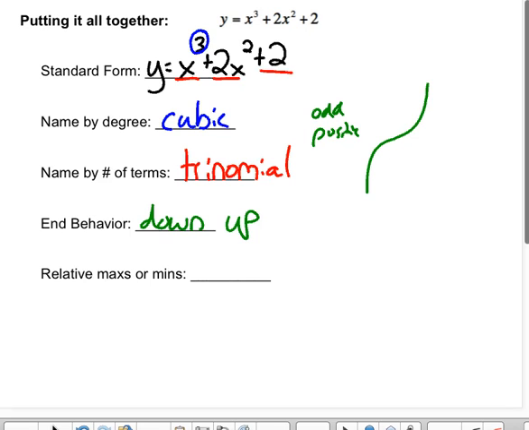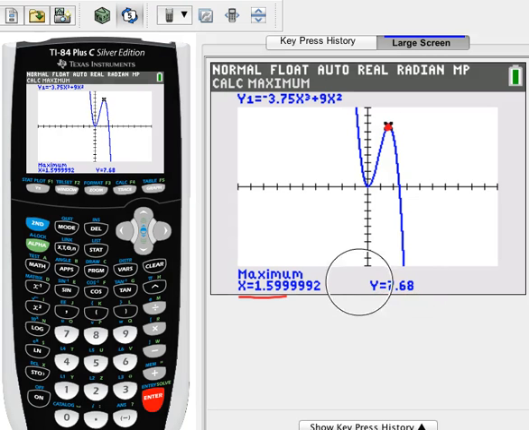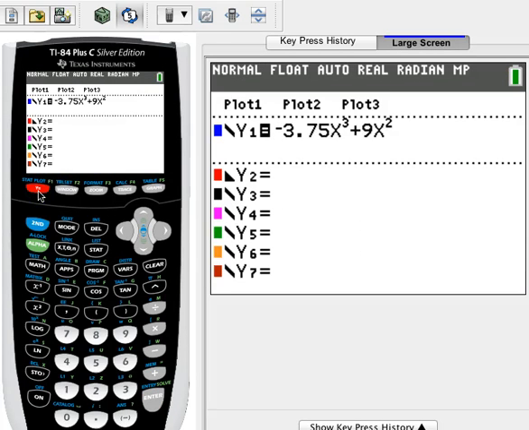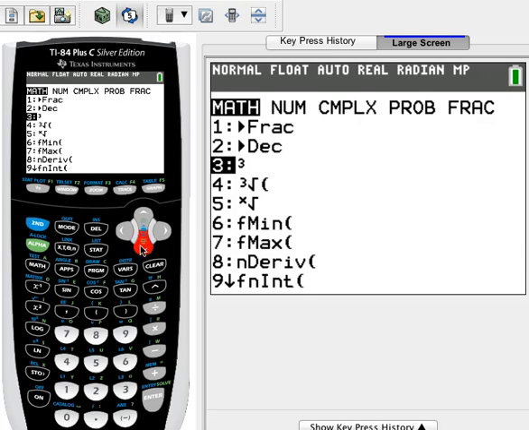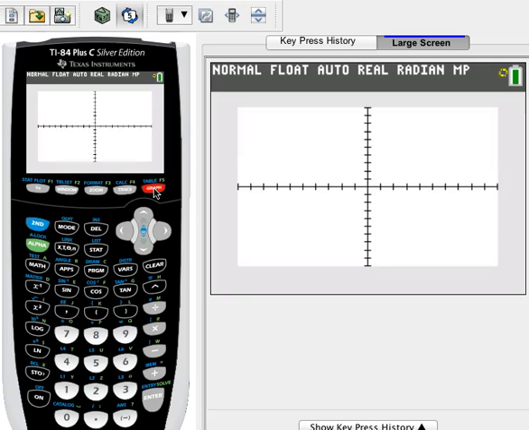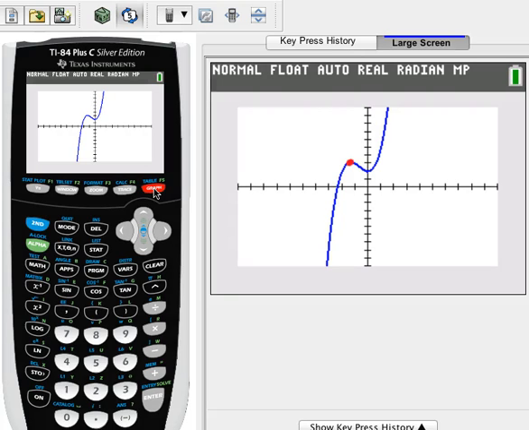Relative maxes or mins. So this we need the calculator for. All right. So let's graph it. So clear out what we have. X cubed plus 2x squared plus 2. Let's see what that looks like. All right, looks like we have a maximum right there.